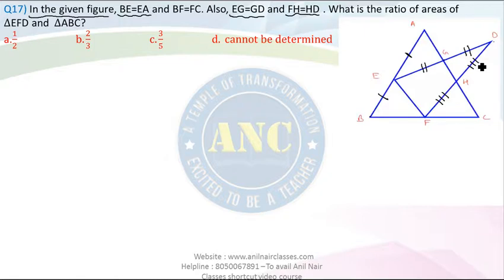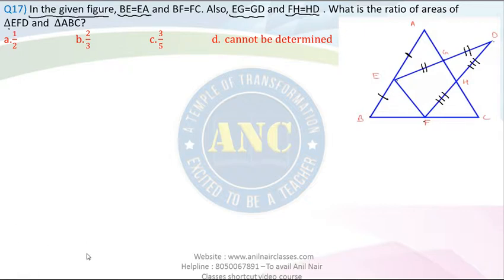Your question is, what is the ratio of areas of triangle EFD, this particular triangle, and triangle ABC, the bigger outer triangle? That is what they are asking you to find.